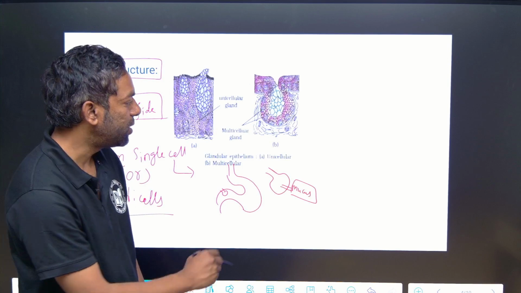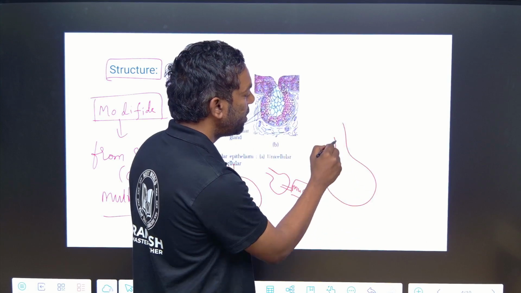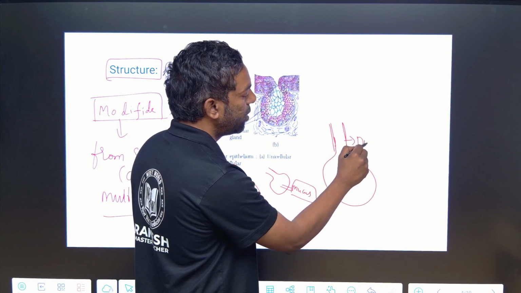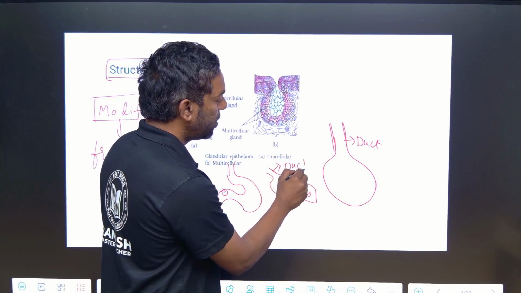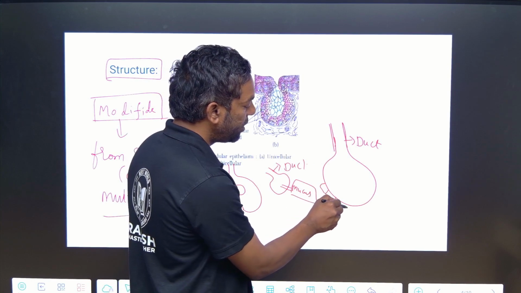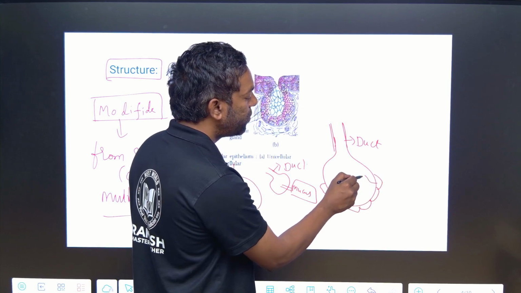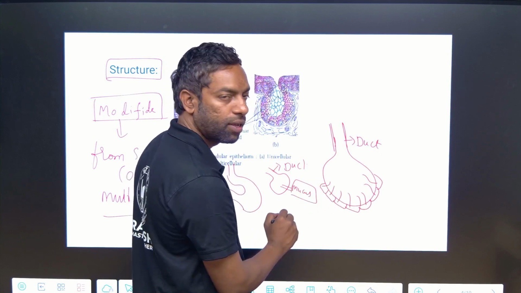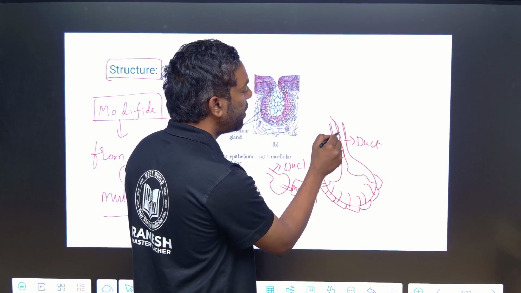If it is multicellular, take sweat glands. This is the duct, this is also a duct. Multiple cells, like this cell, this cell and this cell, together secrete something, sweat, and give out the fluid through the ducts.